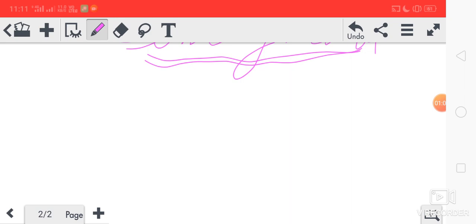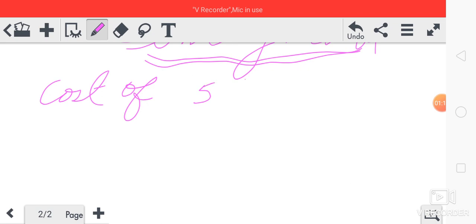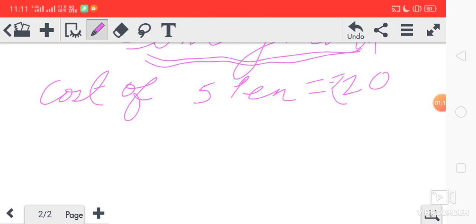Now suppose the cost of 5 pens is given. The cost of 5 pens is given as how much? 20 rupees. Cost of 5 pens is 20 rupees.